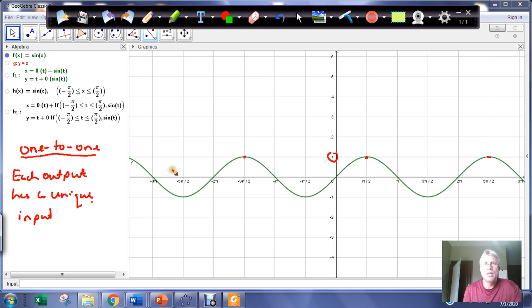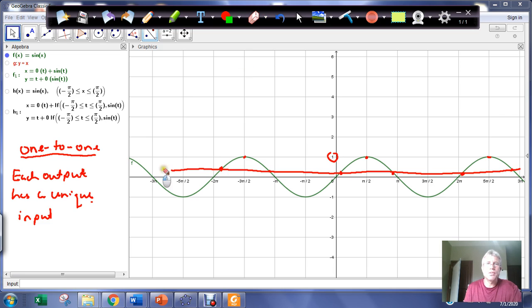We said, hey, check to see if your function passes a horizontal line test. If it doesn't, that means that there are lots of places, perhaps at least 2 places if it doesn't, but in this case there's infinitely many places where a single output is generated by more than one input value.